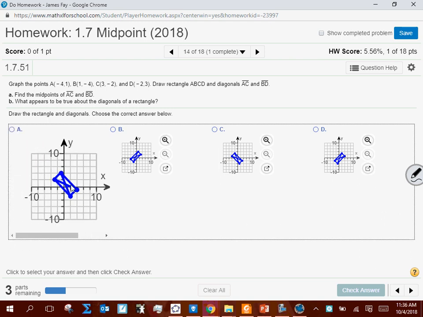So -4, 1. Looking at this, what are my axes moving in? If this is -10, and I've got 1, 2, 3, 4, 5 markings, every mark's worth 2, right? So this here would be 1, 2. I don't see a -4, 1 from that.